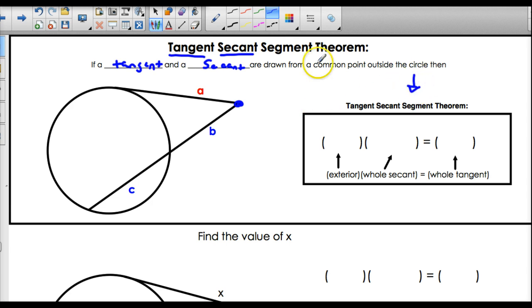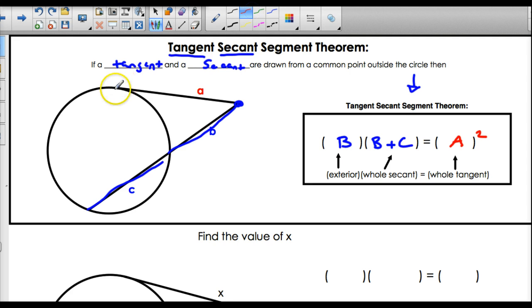And that would just be this: B, which is the exterior of my secant, times the whole secant, which is B plus C, remember, that's the whole thing, will be equal to my whole tangent, which is A squared. Okay, that is my formula. The exterior part times the whole secant is equal to the whole tangent squared.